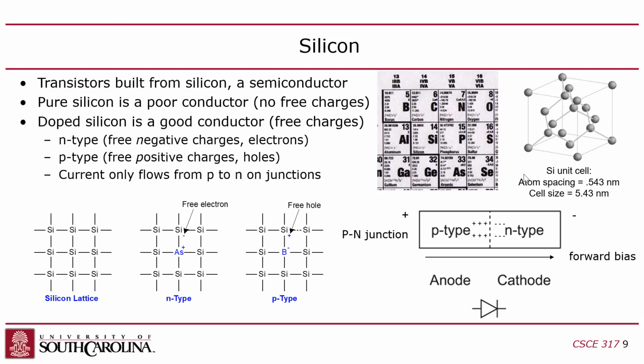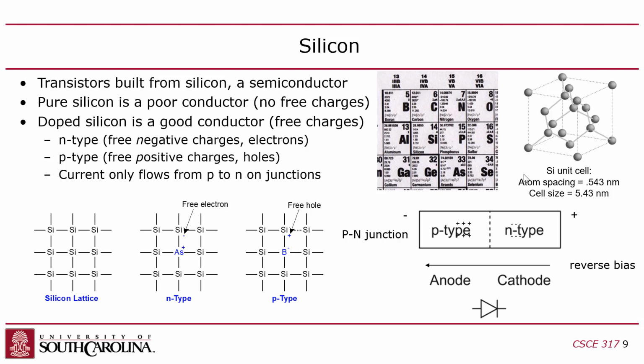But if you apply the voltage in the opposite way, so if the cathode has a positive voltage relative to the anode, the positive voltage of the cathode repels the holes in the p-type away from the junction.